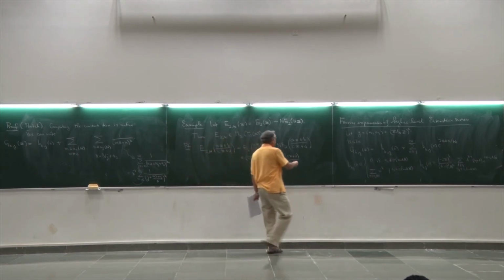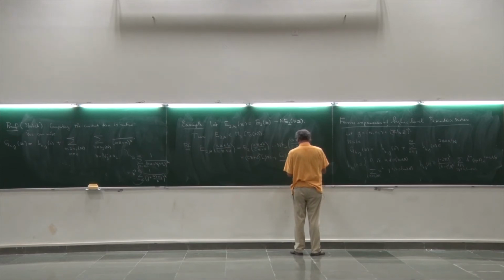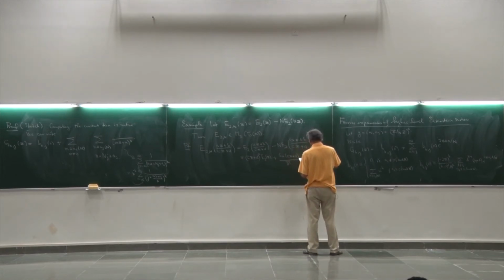So I have to do the same thing here as well, plus or minus. Well, let me just leave it like this for now. And here I'm going to change variables.